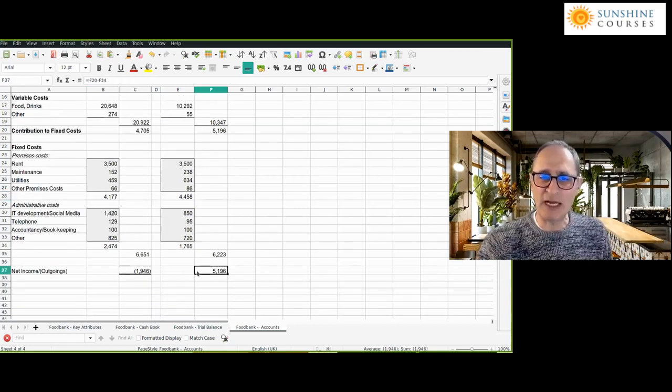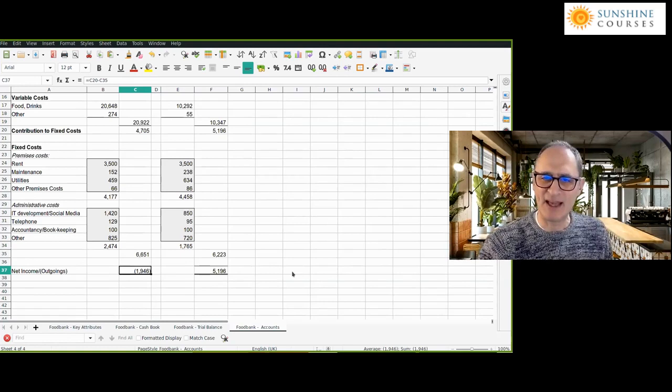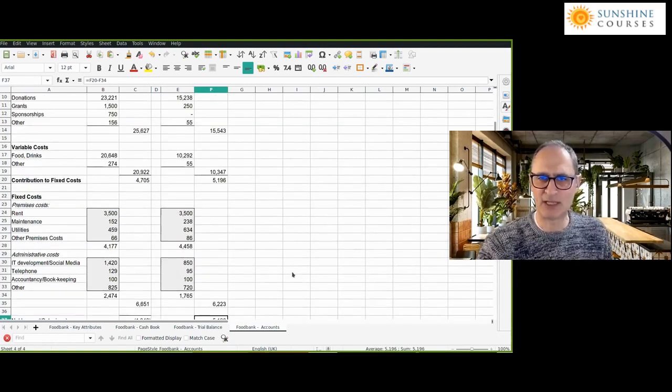But it's really useful, even though we have an outgoing, it's useful for us to know. And in the previous year, it's actually not a good thing that we've got a net income. It's not good because with a charity, the ideal scenario is any revenue coming in goes out for your charitable activity.